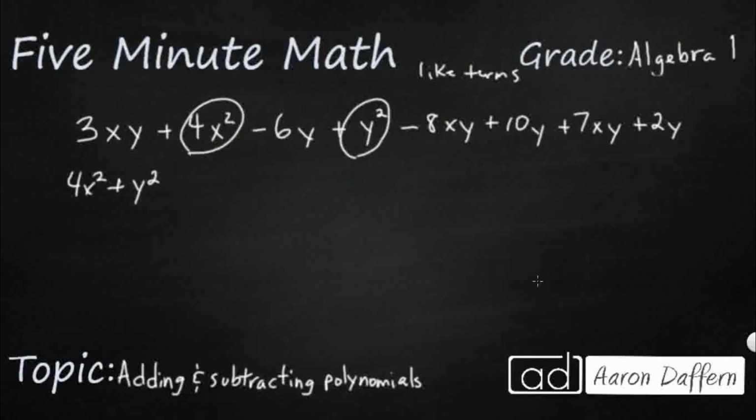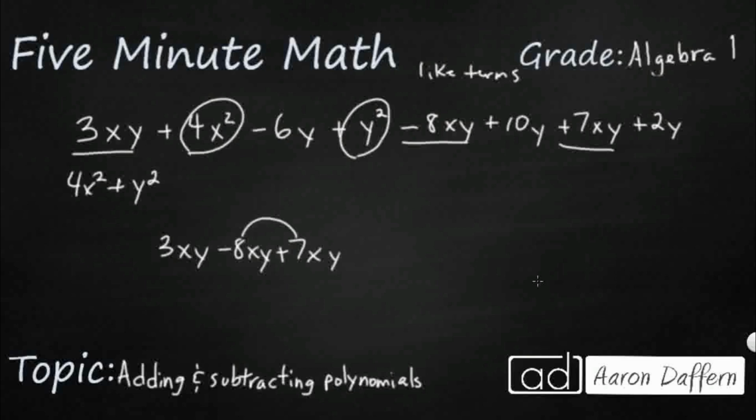Plus y squared. Now let's deal with our xy's. I'm noticing we've got a 3xy minus 8xy plus 7xy. So really that's 3 minus 8 plus 7.